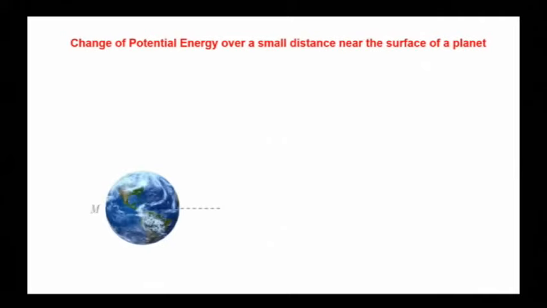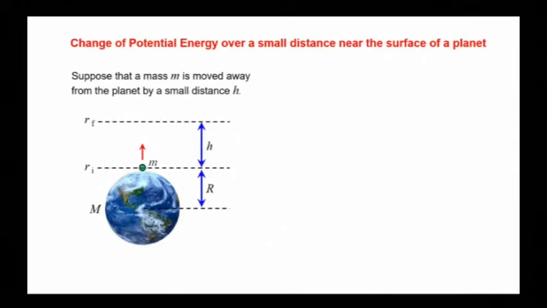Now, we will discuss the change of gravitational potential energy over a small distance near the surface of a planet. Suppose that a mass m is moved away from the planet by a small distance h. So, the change of gravitational potential energy of the mass is the difference between the final gravitational potential energy and the initial gravitational potential energy.